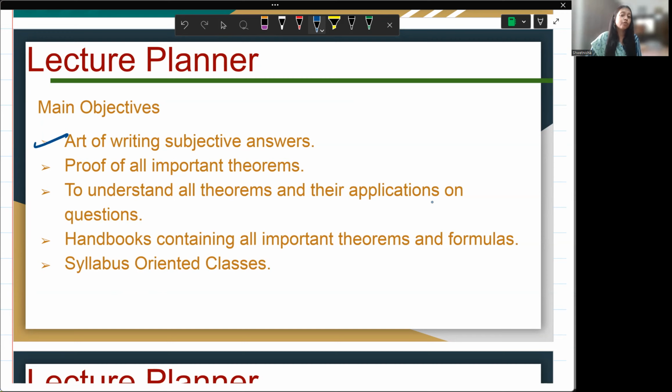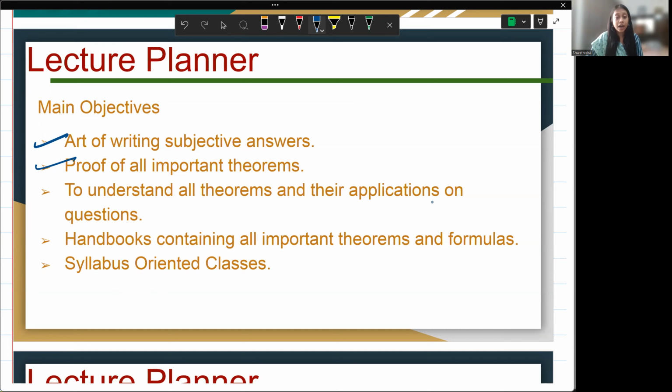Number 2, proof of all important theorems. This is also important. Sometimes proofs come directly in the paper. So we have to do that as well. To understand all the theorems and their application on the questions, it sometimes happens that you know the proof, you know what the theorem wants to say, but when it comes to applying that in a question, you get a problem.